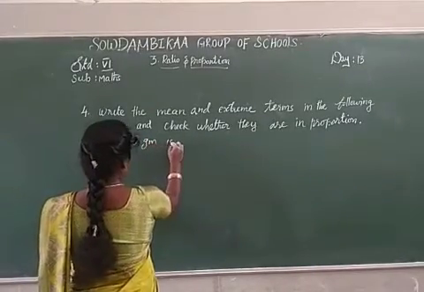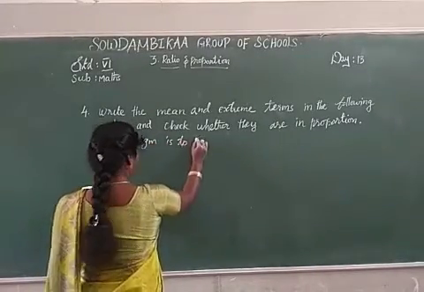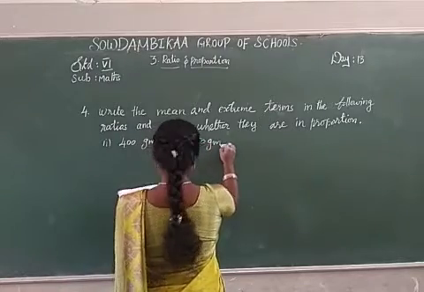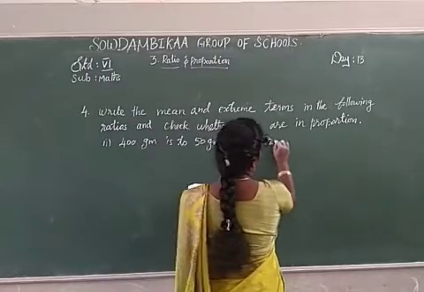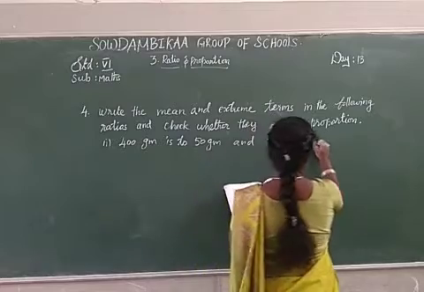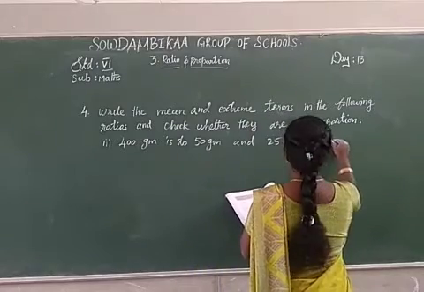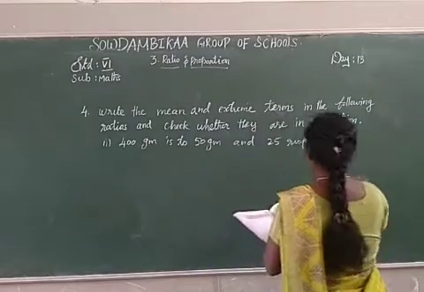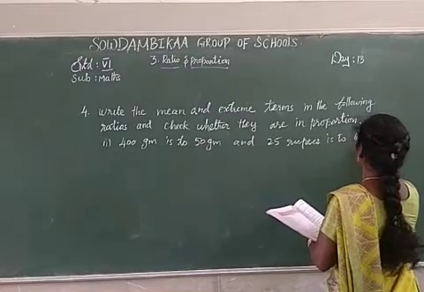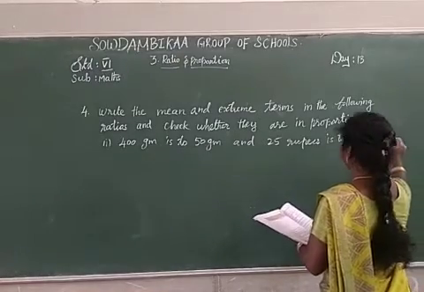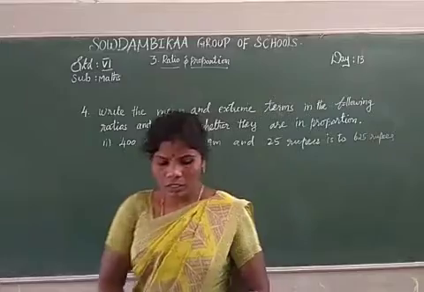400 gram is to 50 gram and 25 rupees is to 625 rupees. The same sum.